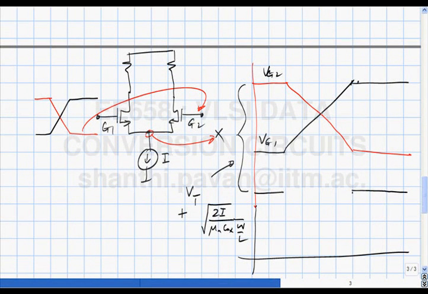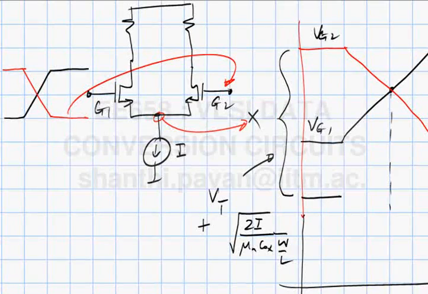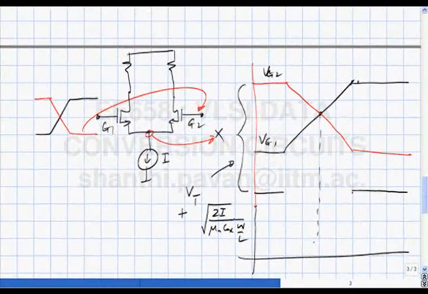Now let's try and do this at this point when both the transistors are on. So what do you think happens to that node? It is this voltage minus, from here we will have to subtract off, how much should I subtract off?